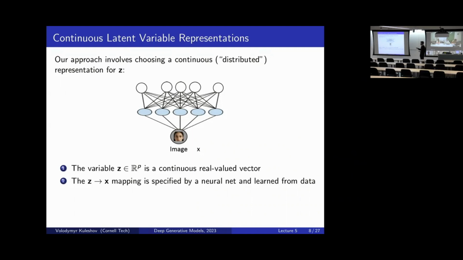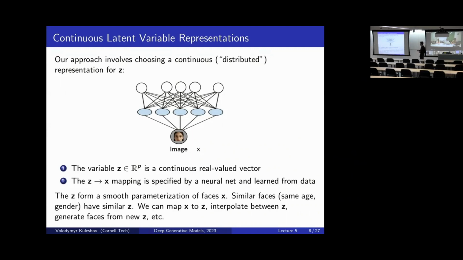It will be parameterized by some flexible and expressive neural net. But z will still be a useful representation in the sense that the model will learn to map similar images x to similar z. So even though in some cases we might, this is not something that works reliably.